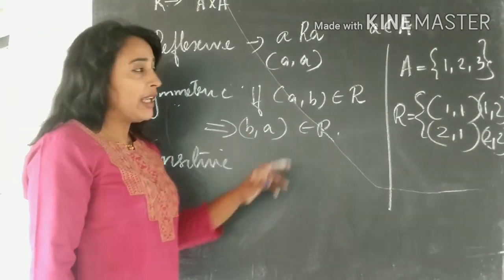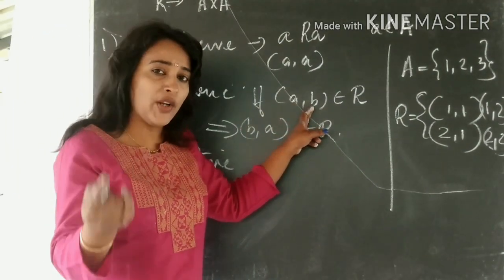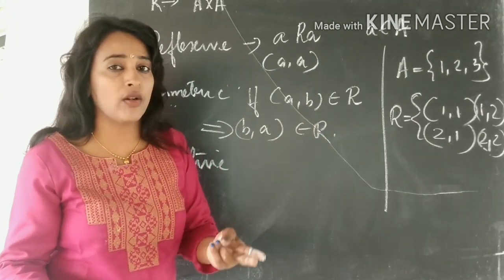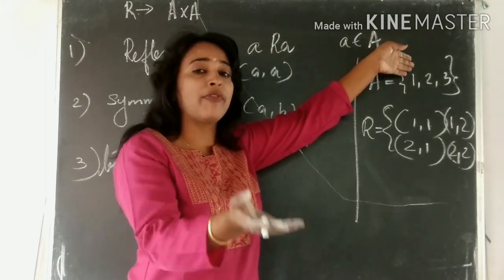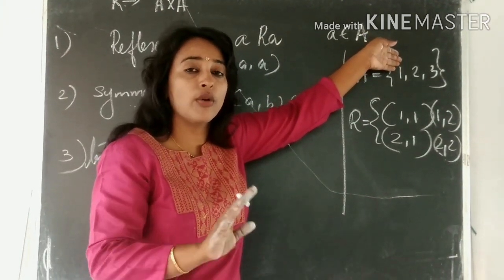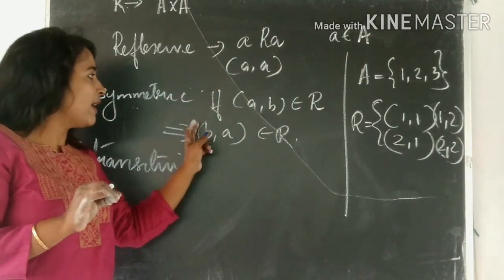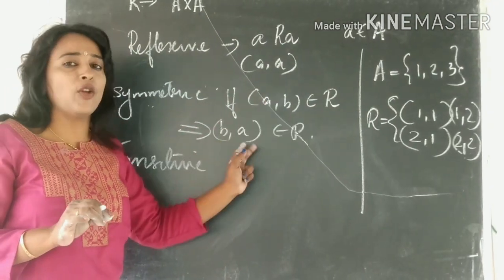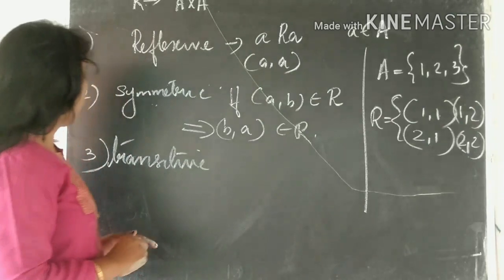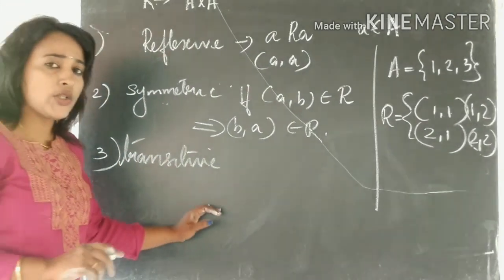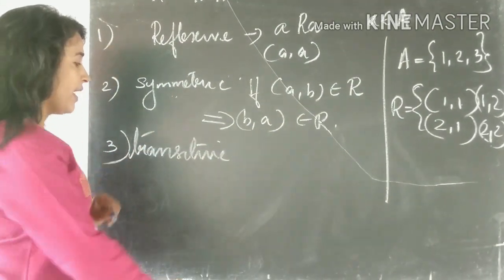And one more thing, if AB is present, then only you have to check whether BA is there or not. You should not go to the set and make all the pairs, then find whether all the reverses are there or not. No need of that. Only if AB is present in the relation, then you must check for BA. Now move to the third one, transitive. Here also it is just like the symmetric.